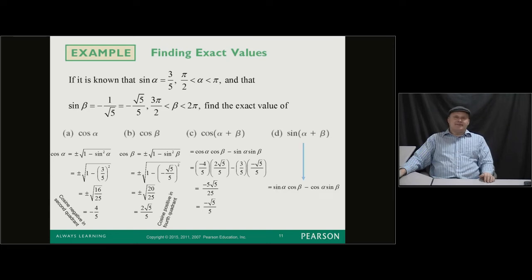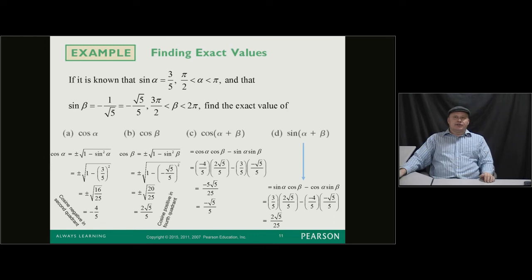Same thing with the sine of alpha plus beta. Sine of alpha plus beta is the sine of alpha, cosine of beta, plus the cosine of alpha and the sine of beta. All right? So do the math. And there it is.